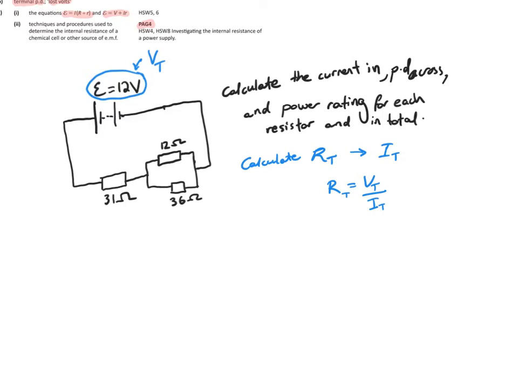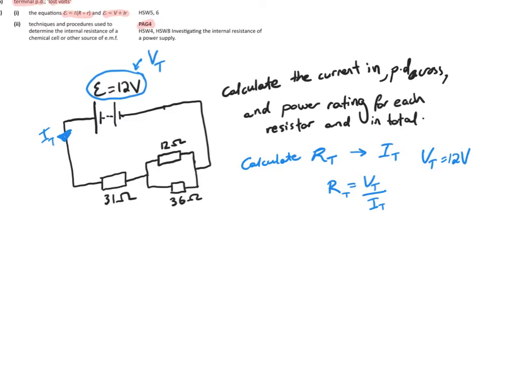So I know that the total voltage, VT, is 12 volts. I need the total resistance of the circuit so I can get the current coming out of the power supply. So I need to get I total, which is one of the calculations that I need anyway.